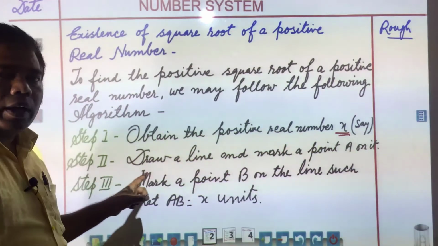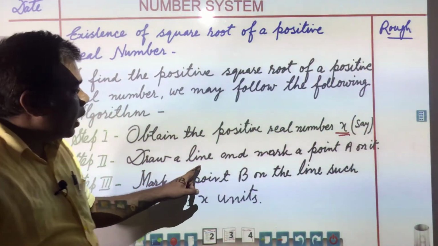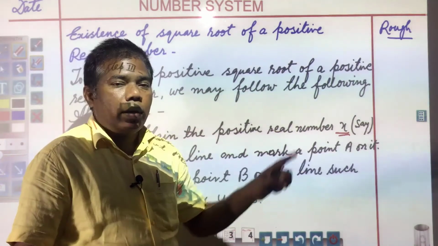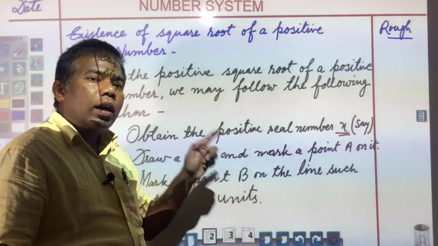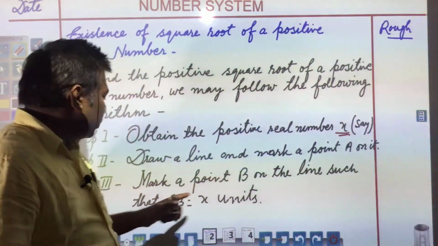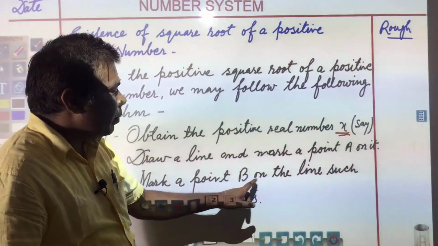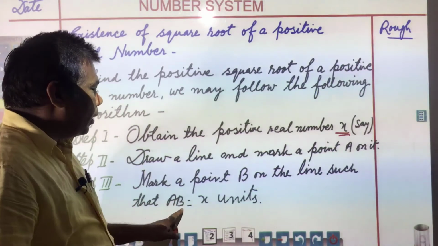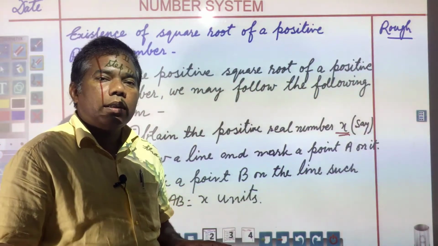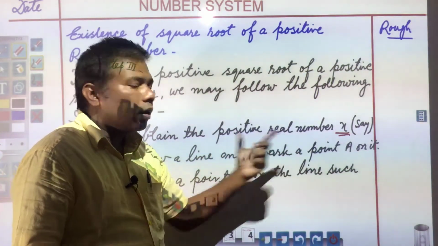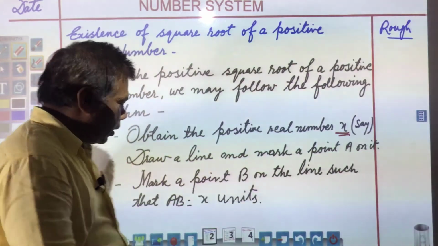Second step, you draw a line and mark a point A on it. Third step, you mark a point B on the line such that AB is equal to x units. From A to B, x units you need to take.